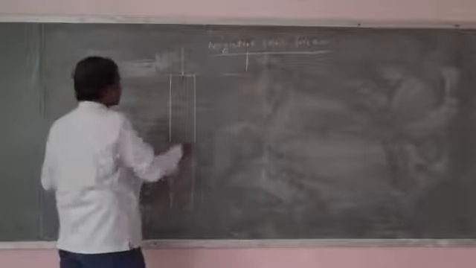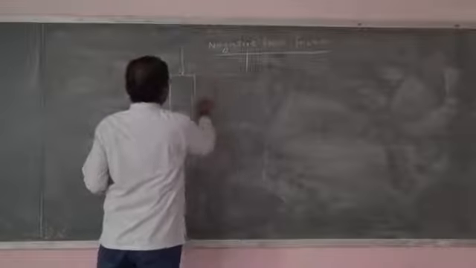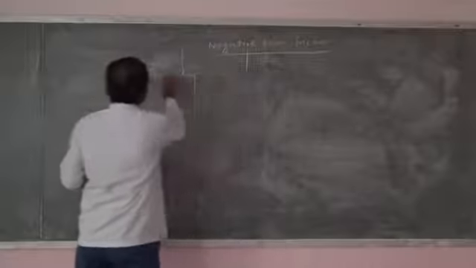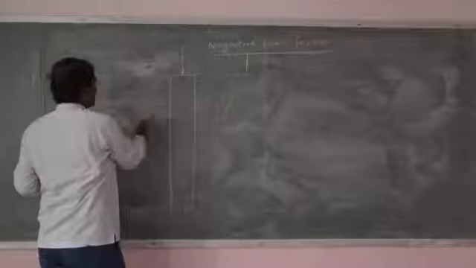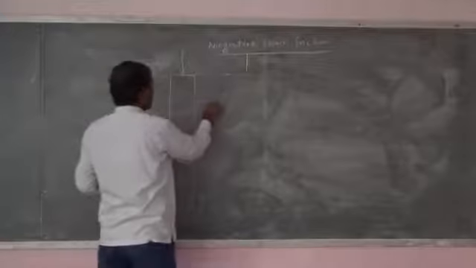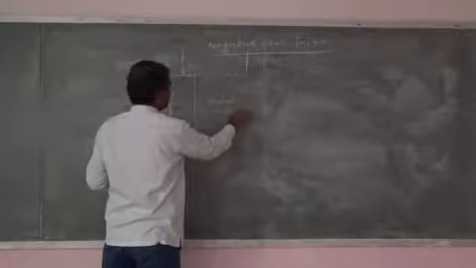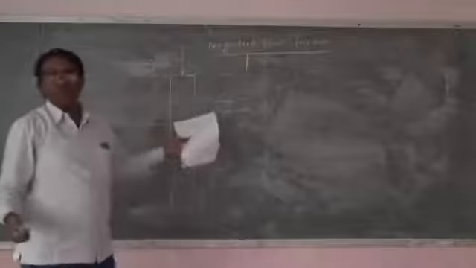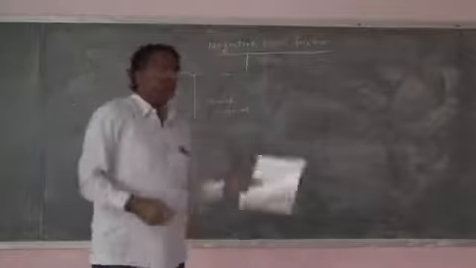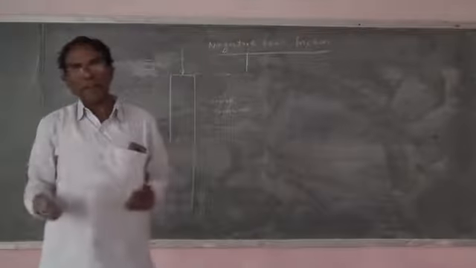Now here, this is the topsoil. Suppose this topsoil is dense and well compacted. This topsoil is up to here, it is dense and well compacted.